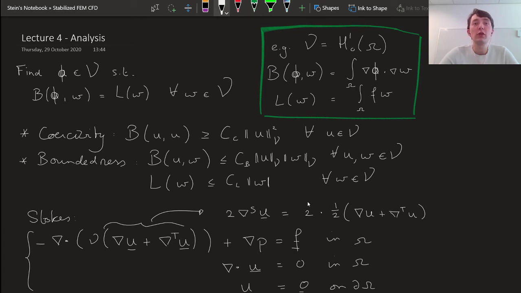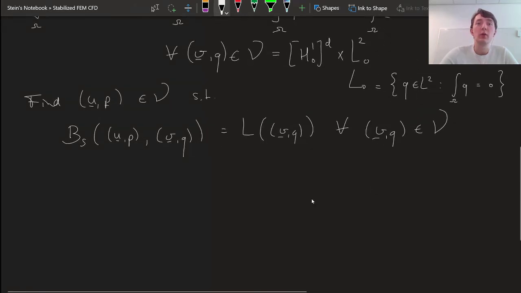But for the Stokes equations, we actually don't need to, because we can find a pretty clear reason for why this is not satisfying our required coercivity and boundedness, and specifically coercivity. So coercivity is not satisfied. So we have a problem.